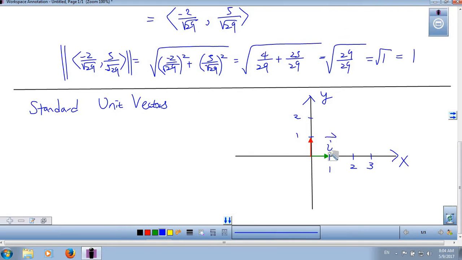I'm going to call the green one I, and then we're going to call the red one J. So there's an I vector and J vector. So I vector is the green one and J vector is the red one. And I vector is 1, 0, and it's the unit vector in the x direction.